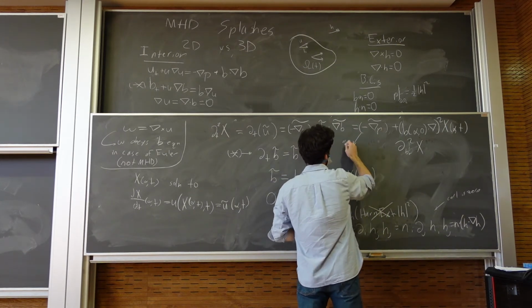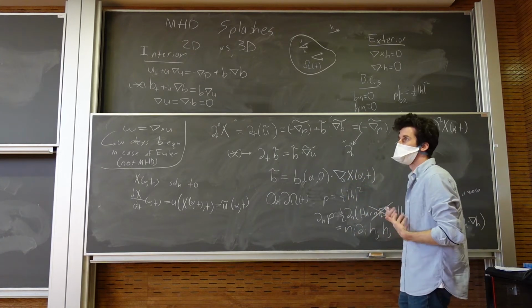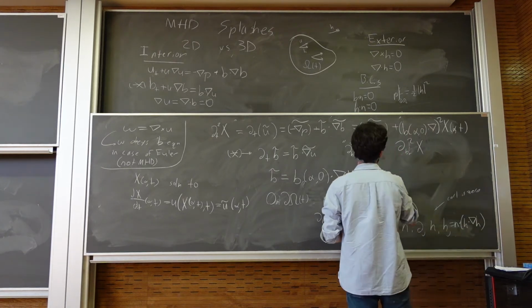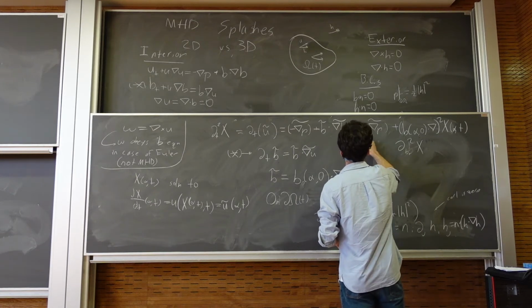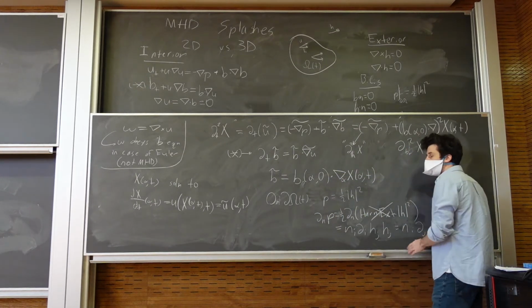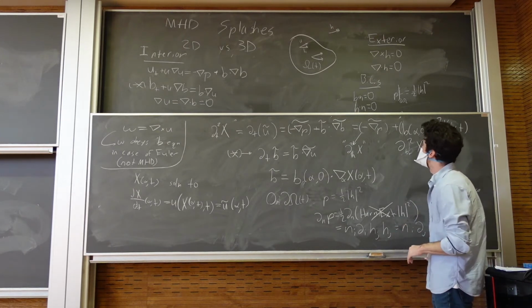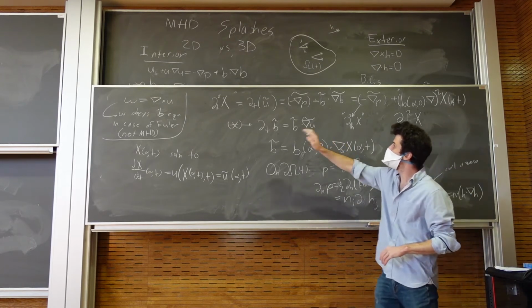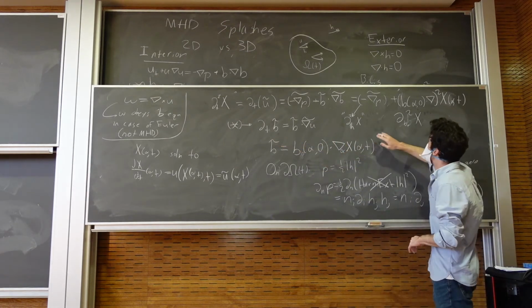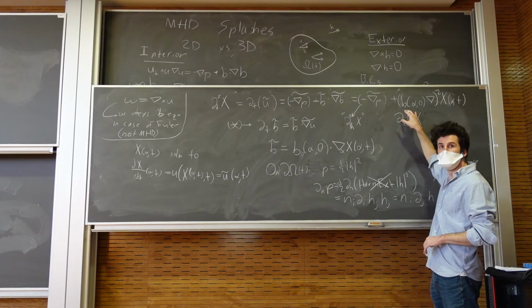d squared h, let's put it in quotations because we're not being very precise right now, d squared h of x. But this can be made rigorous. It's just that it's a bit too technical. So we have two time derivatives of x, and then we have some important non-local stuff.